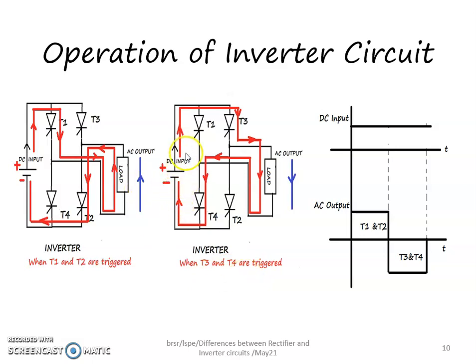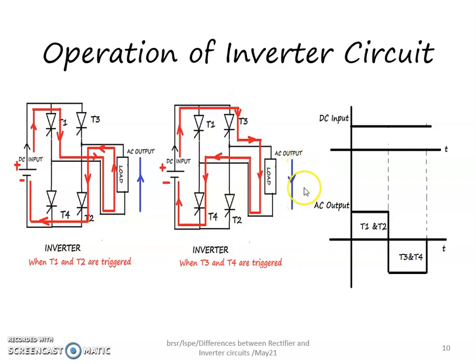The current flow will be from plus through T3, through the load, and through T4 back to negative. In the first case the current flow in the load is from bottom to the top, whereas when T3 and T4 are given the firing pulse, the current flow is from top to the bottom.